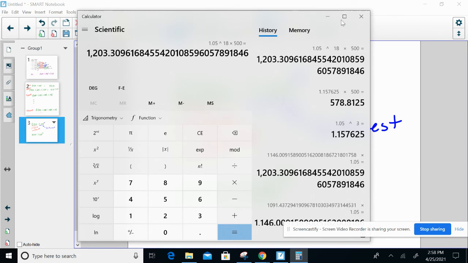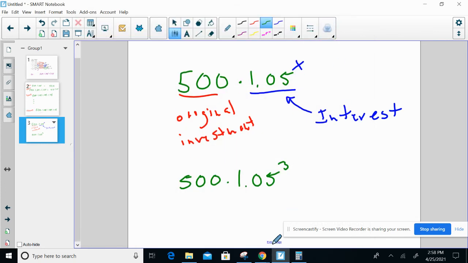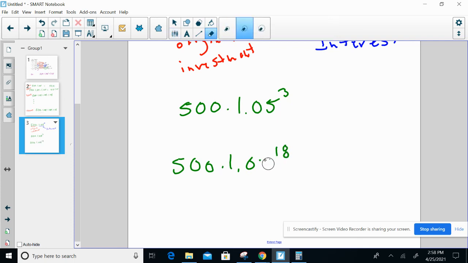I think that's right. I think that's what we got before. So it would look like this after 18 years. Sorry, that should be a 5. Up to the 18th power. If we wanted 100 years, it would be 500 times 1.05 up to the 100th power.